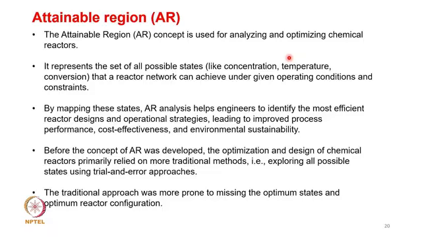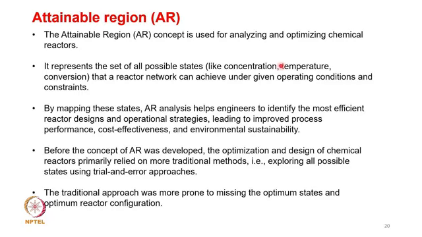Based on the reaction, the most suitable combination of reactors, be it PFR, CSTR, or a combination of those, has to be selected. The attainable region concept is one that helps you to do this from the start. If you have a series of reactions and you need to design a reactor network, we may follow the concept of attainable regions.